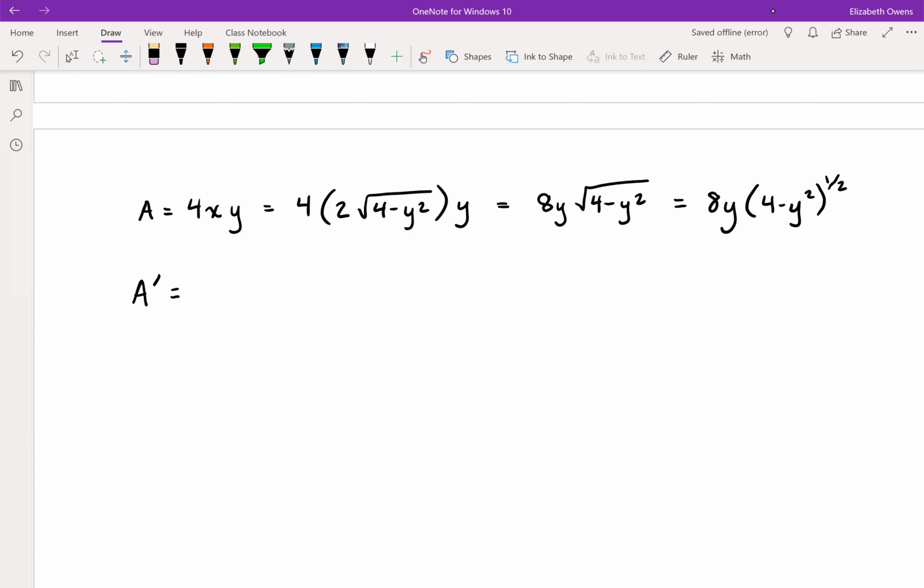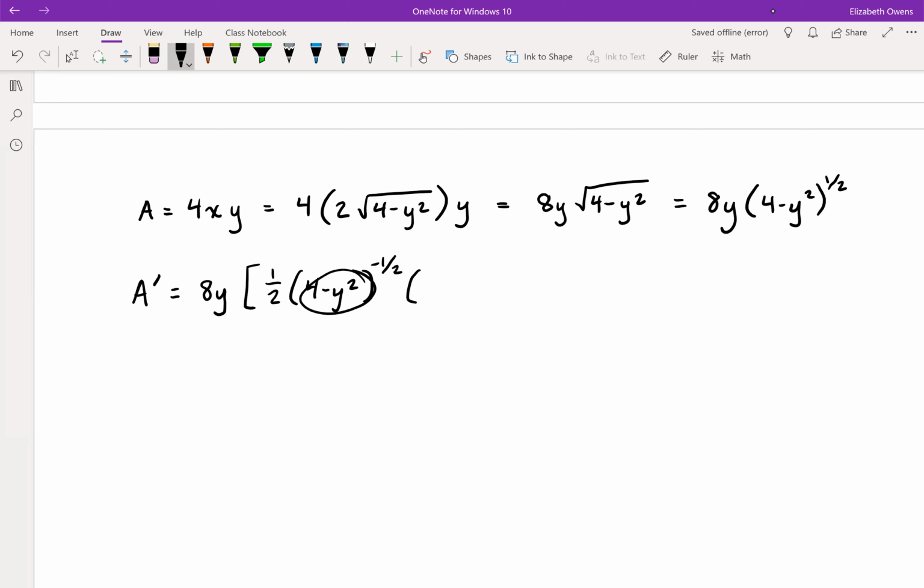So product rule time, here's our first function. And then the derivative of that second one is going to take a little bit of chain rule. So bring down your 1/2, 4 minus y squared goes in there, to the negative 1/2 power. Multiply by the derivative of the inside.